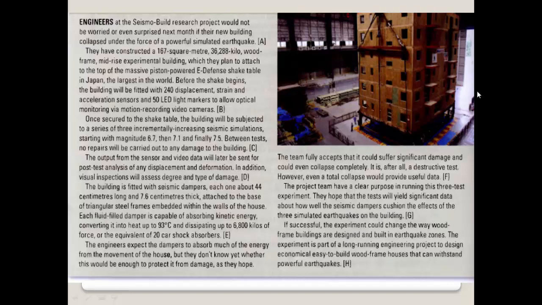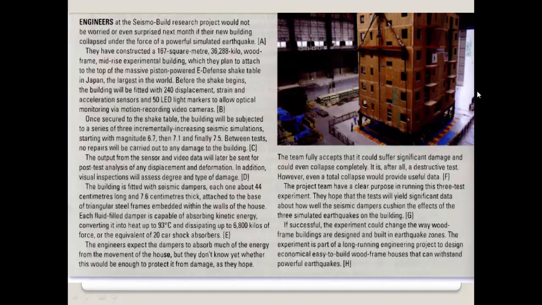This is passage D. The building is fitted with seismic dampers, each one about 44 centimeters long and 7.6 centimeters thick, attached to the base of triangular steel frames embedded within the walls of the house. Each fluid-filled damper is capable of absorbing kinetic energy, converting it into heat up to 93 Celsius and dissipating up to 6,800 kilos of force, or the equivalent of 20 car shock absorbers.